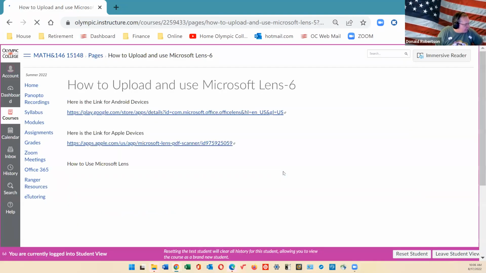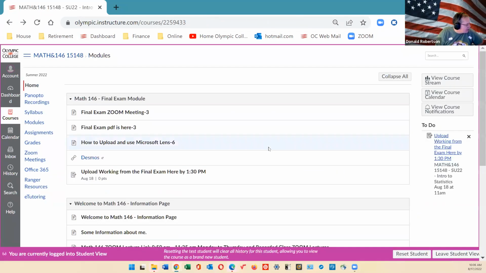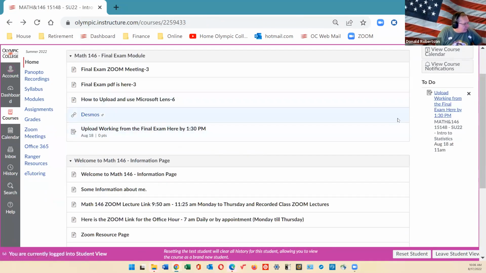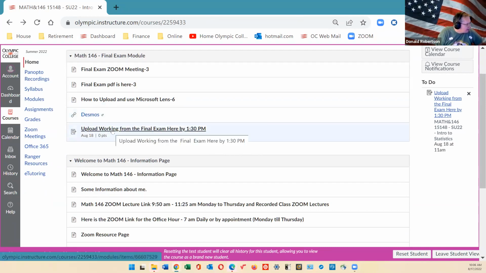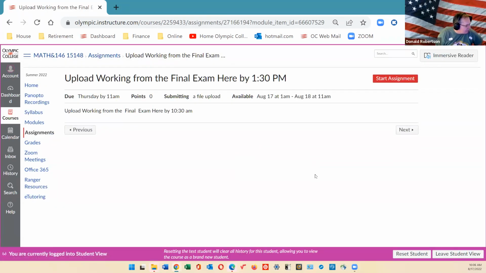There's how to upload Microsoft Lens for those who need reminding. There's no need for you to have Desmos, that's something from somewhere else. That guy there is upload your working. And just to remind you, you only get working for part 2 of the exam, right? The bit that's on Canvas.